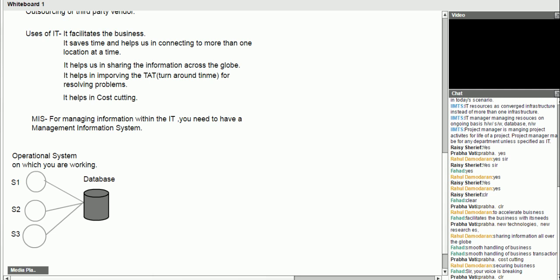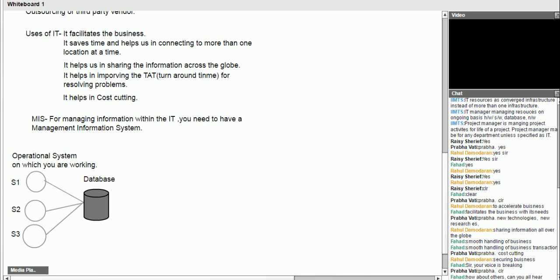So the operational system is the one on which you are working. This is a database where your data is getting stored. Now similarly there is more than one database.